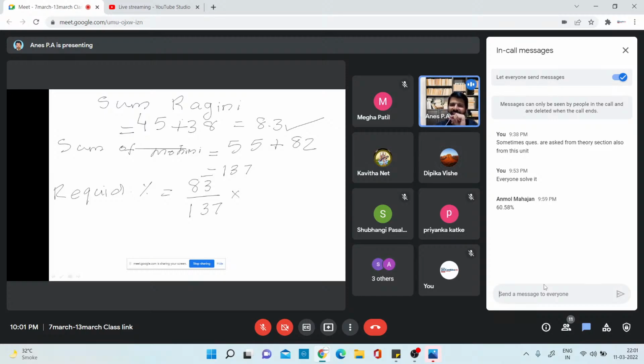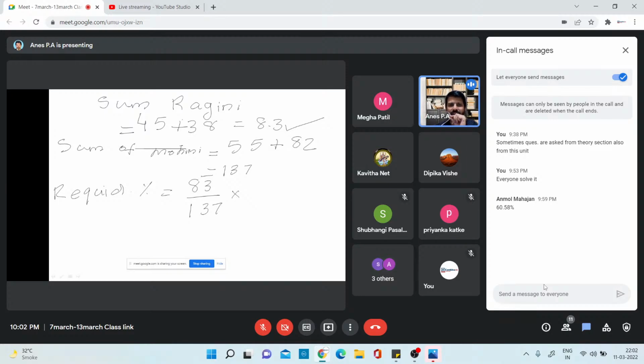No. Actually, here our base is that we compare the percentage of Ragini based on the total of Mohini. That's the question here. You got the point? We compare Ragini's marks based on the marks of Mohini. We should not check the total marks. We need not find any other total marks here.